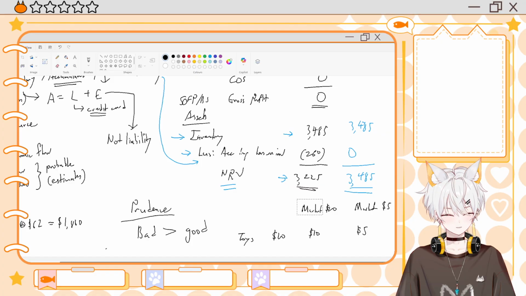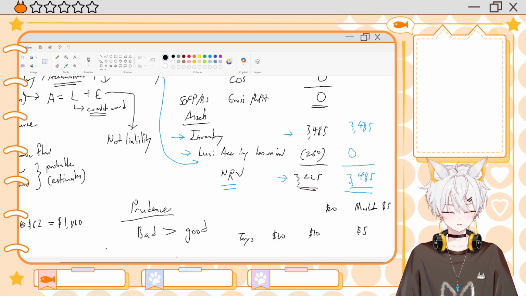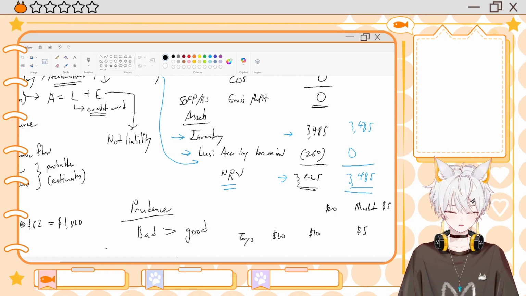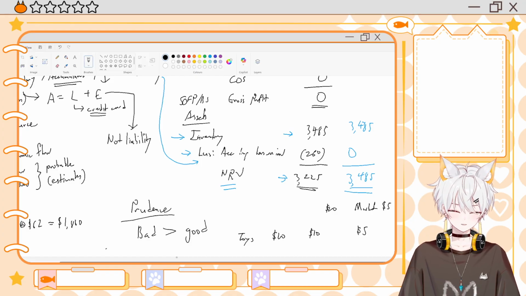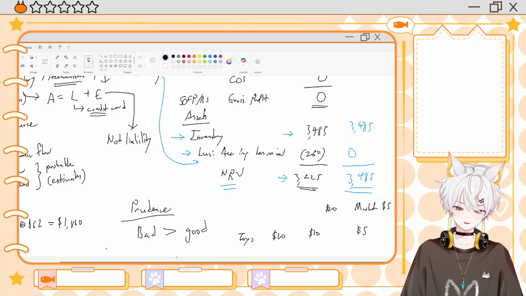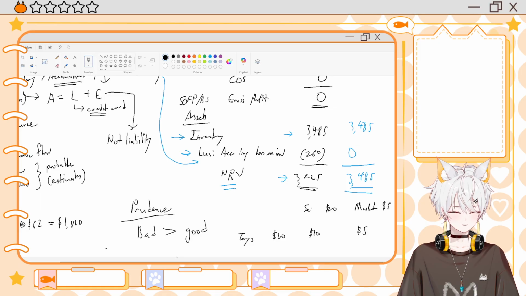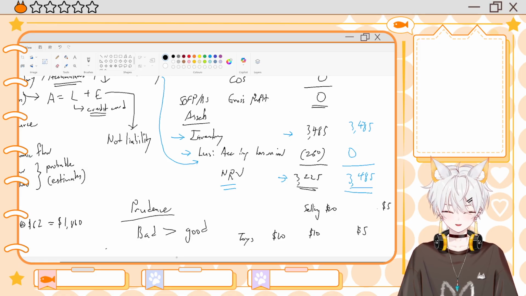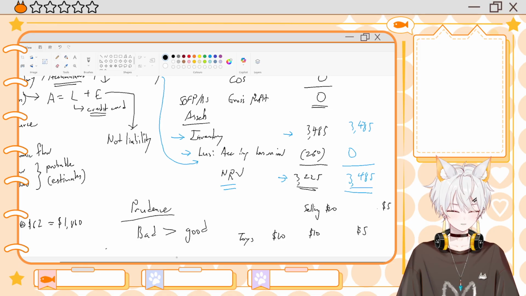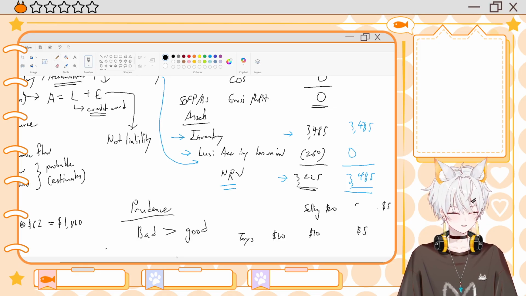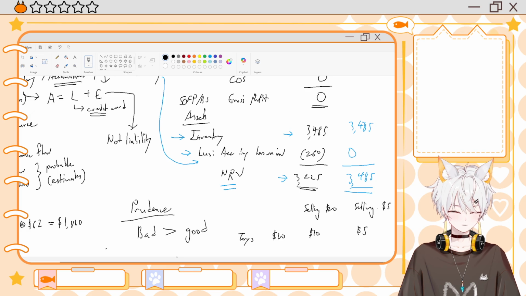This is the gist of prudence. So basically just be pessimistic. Correct. Just because you can sell it at $20 doesn't mean that it is worth $20, until you actually sell it.